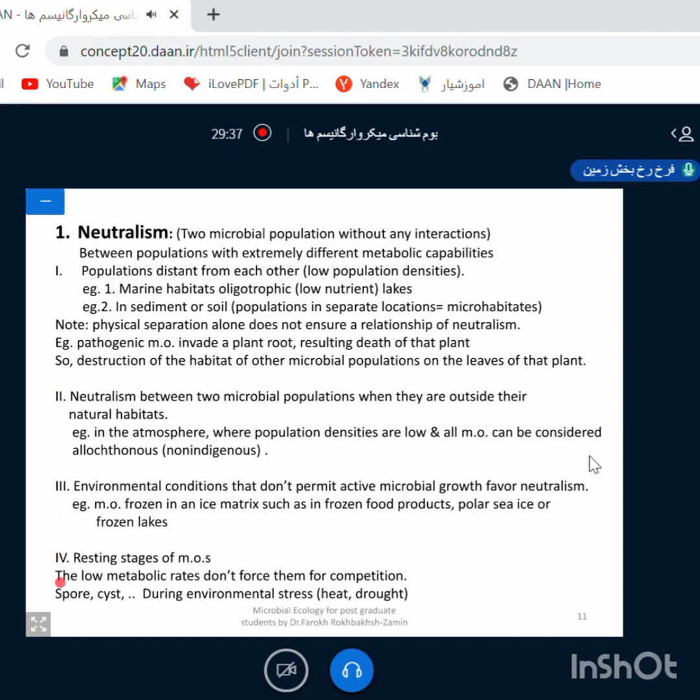Numbers 1, 2, 3 are done, and right now it is time to talk about number 4, resting stages of microorganisms. Suppose there are many predators attacking the prey. For example, suppose Paramecium attack and start eating bacteria.